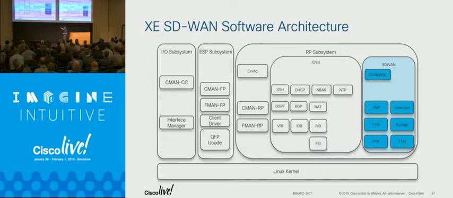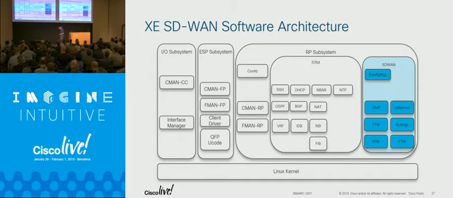And the first process it is going to bring up is called the vDaemon. So for an XE SD-WAN router to be able to join the SD-WAN fabric, the first thing it needs to do is to set up control tunnels to the vManage, vSmart, and vBond.